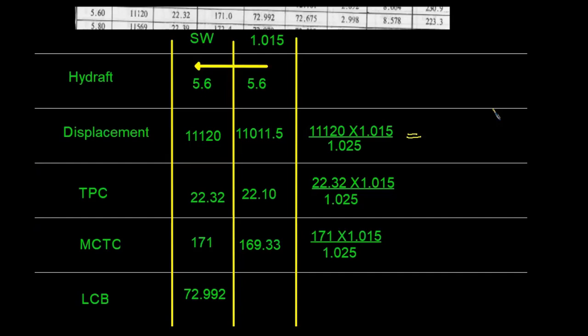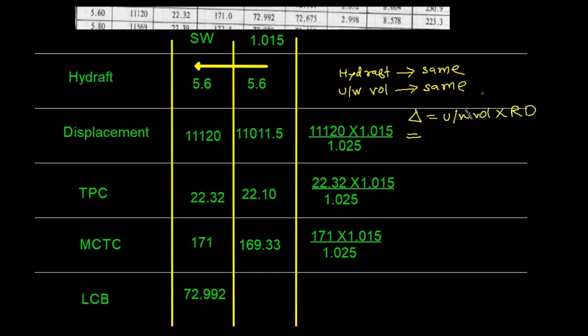It's just punching, a manual calculation. The basic intention is to understand the basic principle. Let me repeat the first principle: hydrostatic draft is the same, that means underwater volume is the same, that means displacement is equal to underwater volume into relative density.